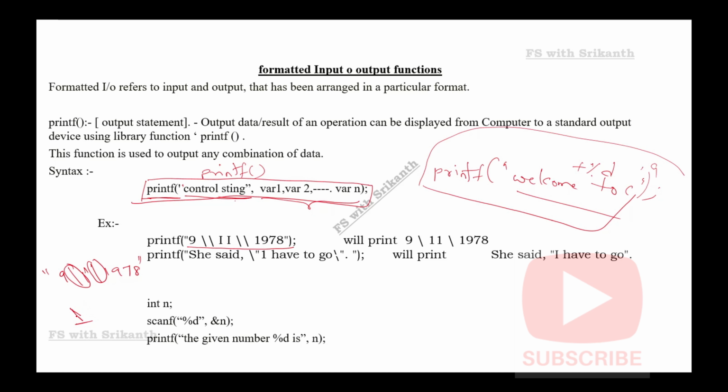So if you want to print this backslash, you write a double slash: the first slash is the escape character, and the second slash prints on the screen, then our output will be like this. If we give only a single backslash, it never prints on screen, because the compiler treats a single slash as an escape sequence.